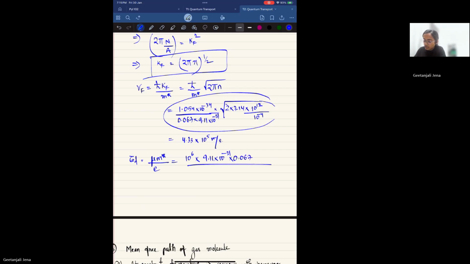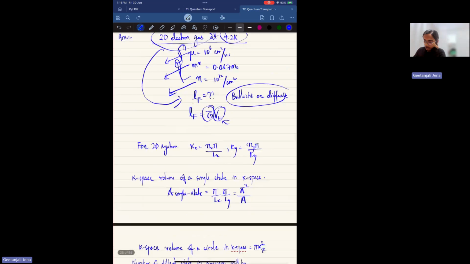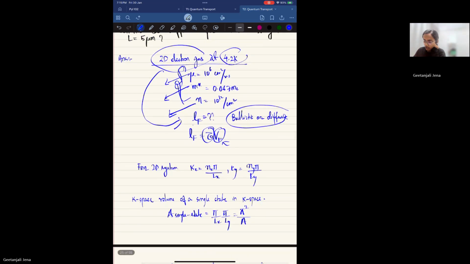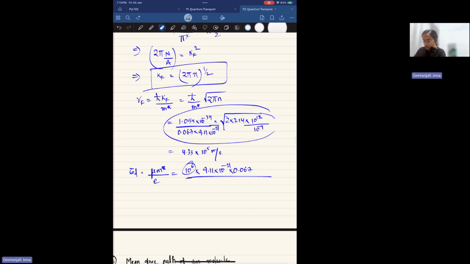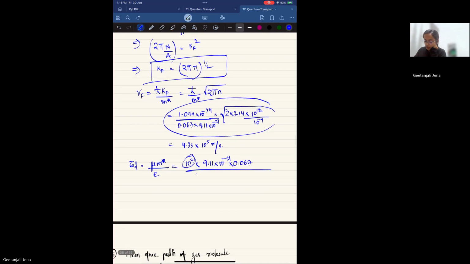We need to convert it to meter square. So this will be 3.8 times 10 to the minus 11.